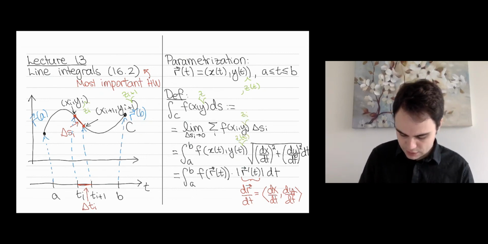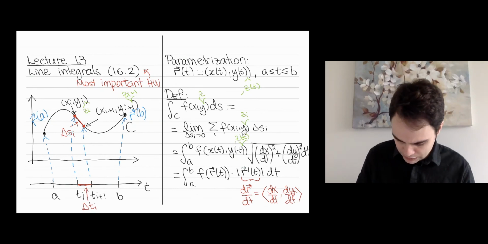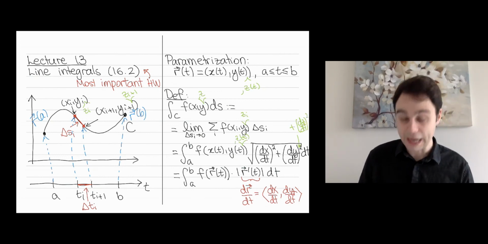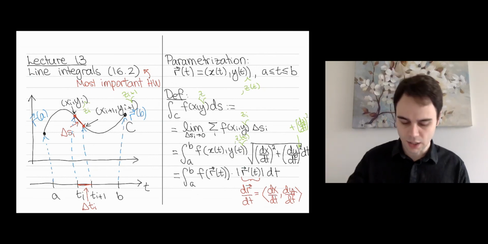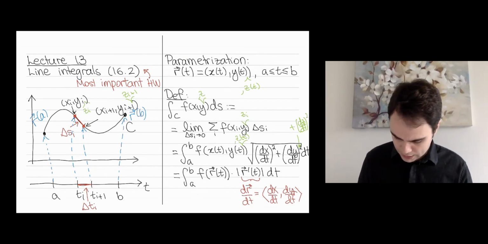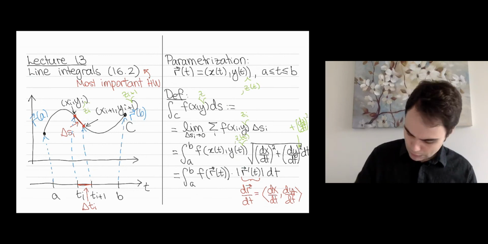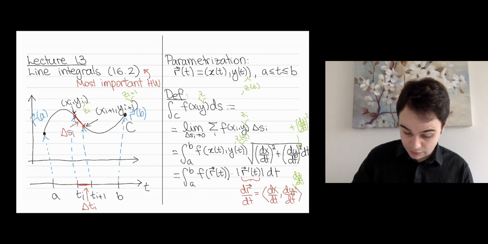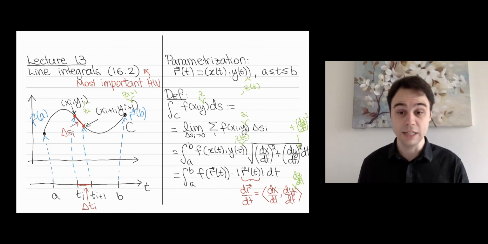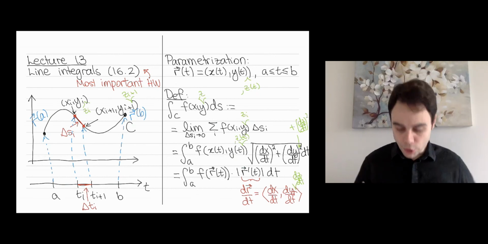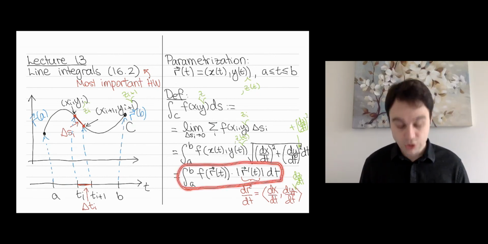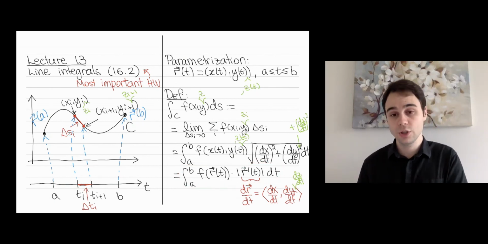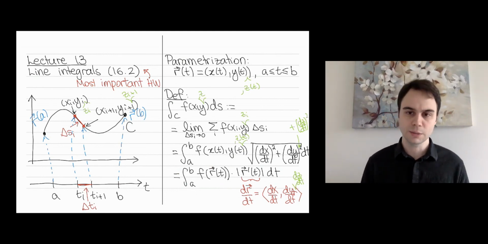You can see that it's not hard to figure out where you should put the z's to get the 3D versions of everything. In the square root, you should add the derivative of z of t squared, and the derivative dr dt also has dz dt, so the velocity in 3D also gets a third component. But notice that the formula that I wrote using vector notation works both in 2D and 3D. That's part of the beauty of vectors.